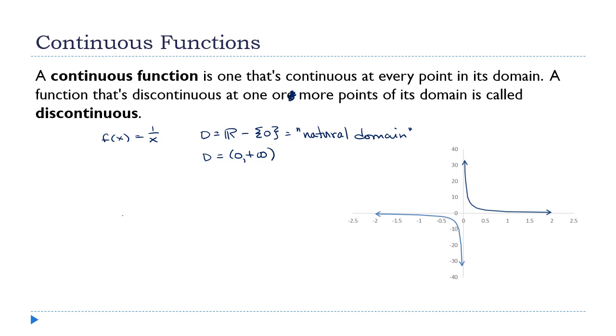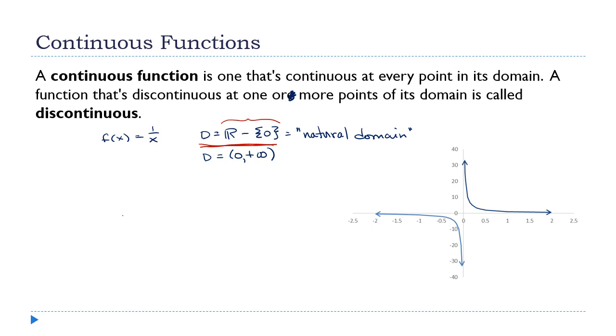If we take the domain to be this natural domain, everything except 0, then the function is continuous. The answer to that question is yes, because if you pick any number from this set, any number other than 0, this function is continuous at that point. So because this function is continuous at every point in its natural domain, I would say yes, this function is continuous.